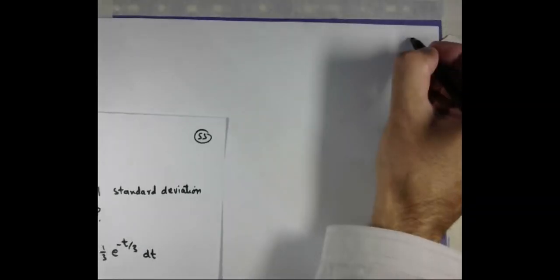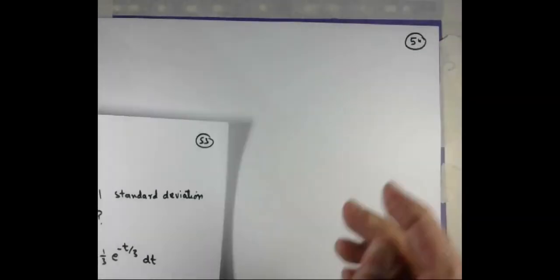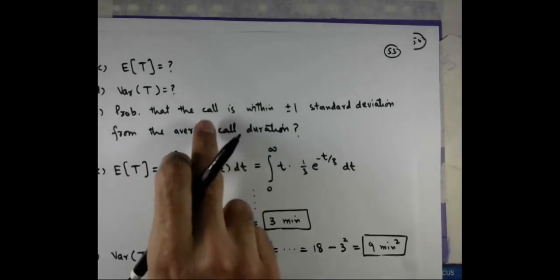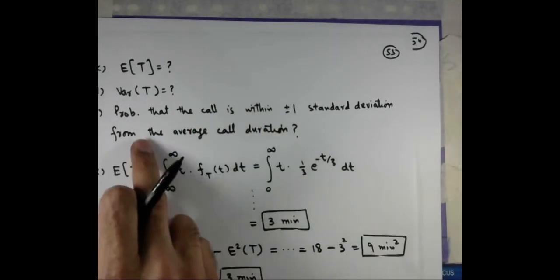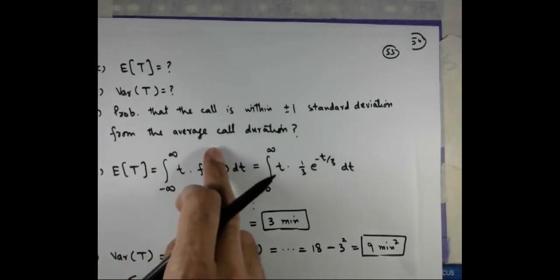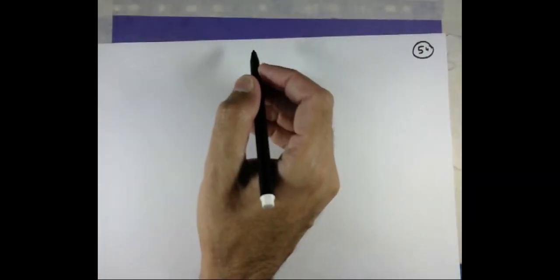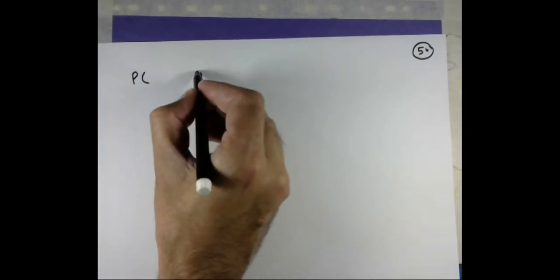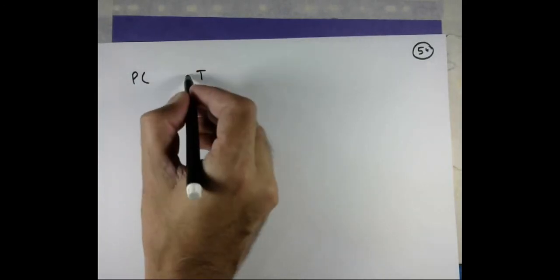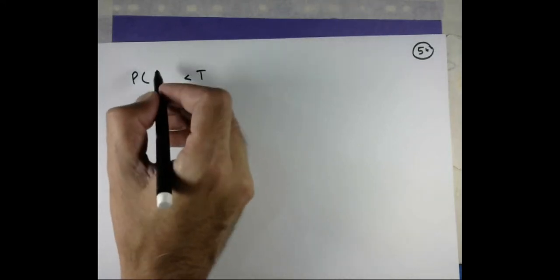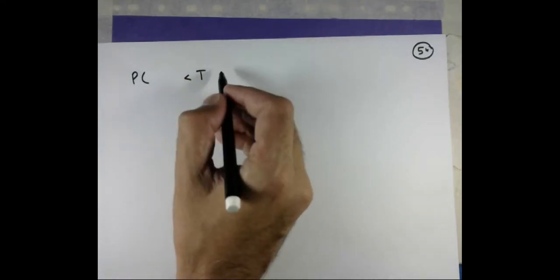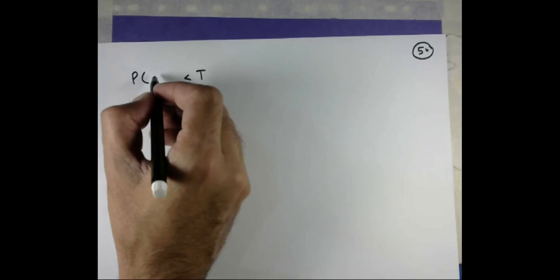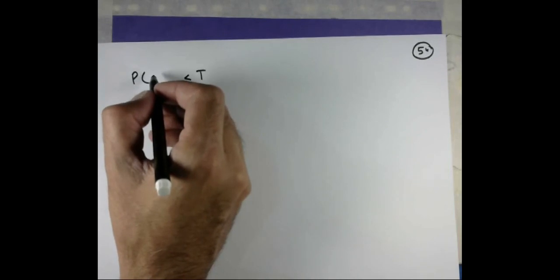So we can easily find now the last part of the example, which is the probability that the call is within plus minus 1 standard deviation from the average call duration, which means we need to find the probability that the call duration is within plus minus 1 standard deviation from the mean value.